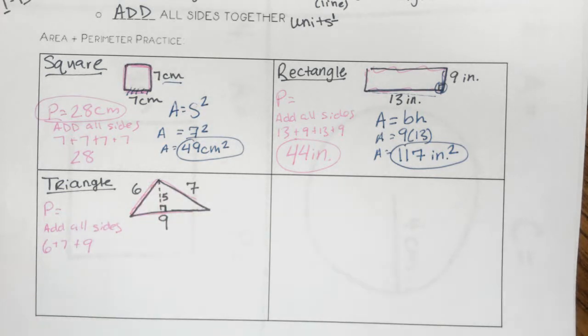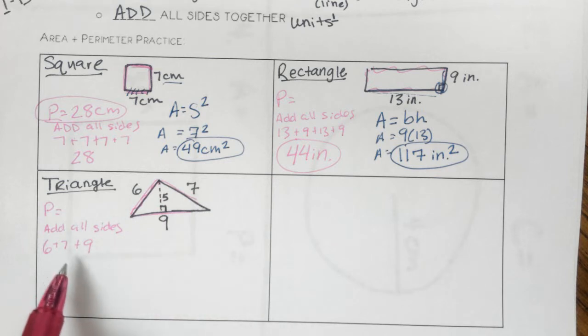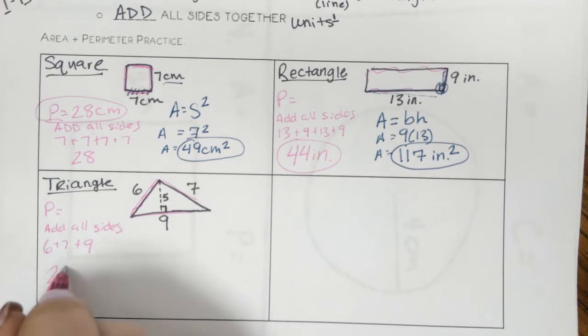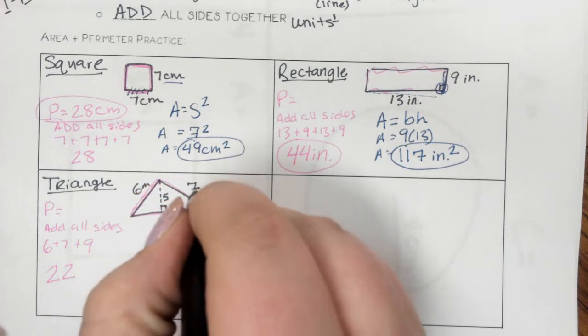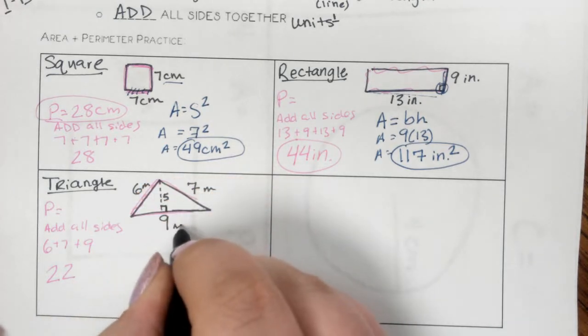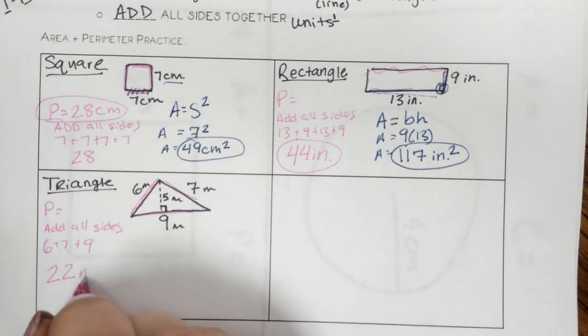I believe that's called the apex. Okay, anyways, 6 plus 7 plus 9 would be 15, 22. So that is 22. And I didn't write a unit. Let's call this meters. That's 6 meters, 7 meters, 9 meters, and 5 meters. Okay. So that would be 22 meters then.